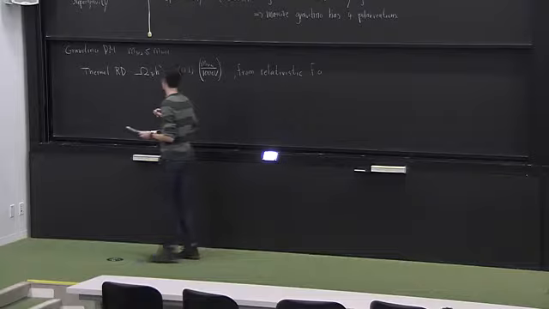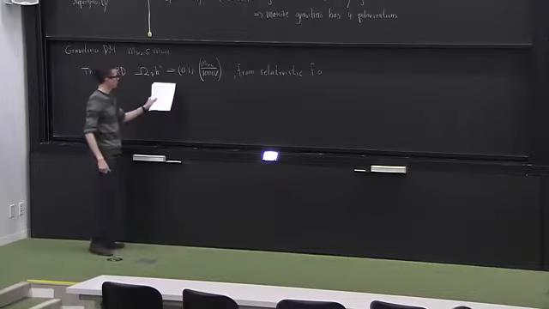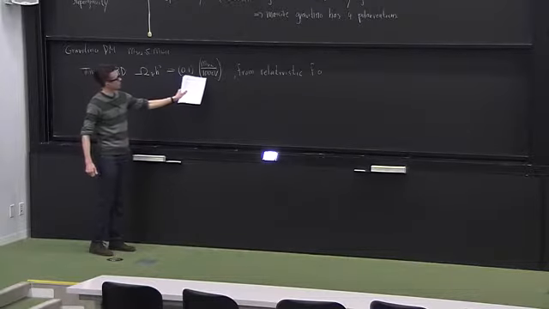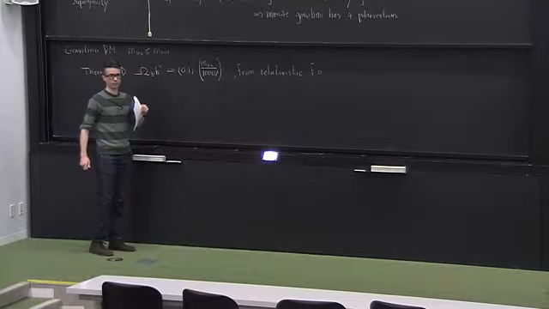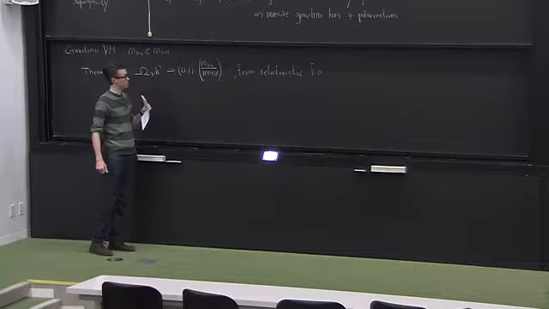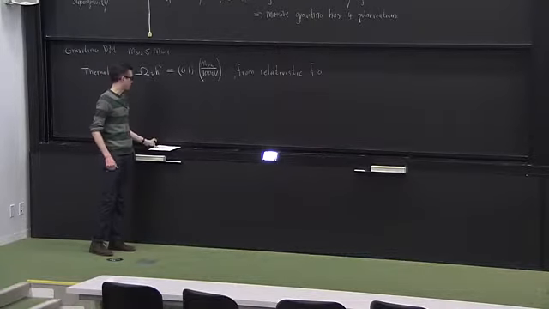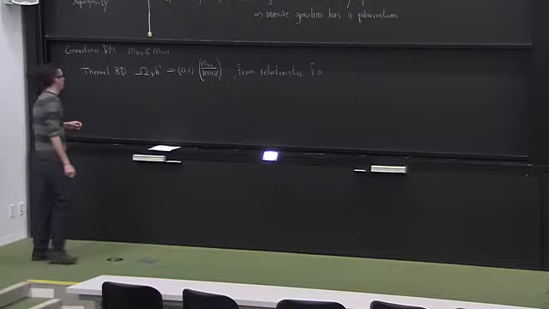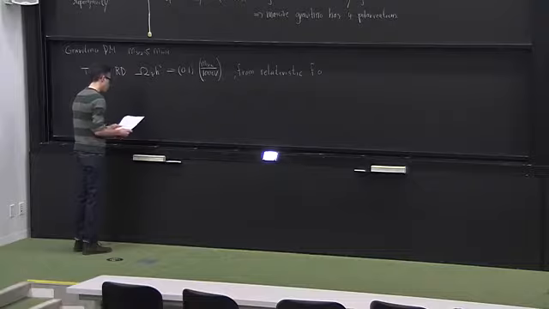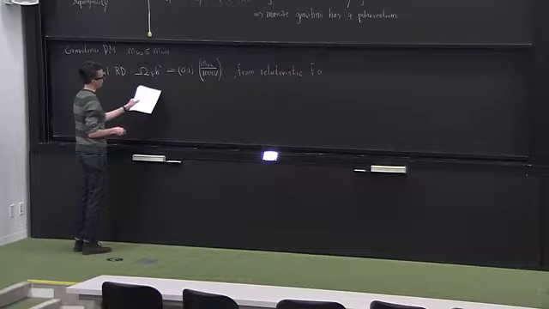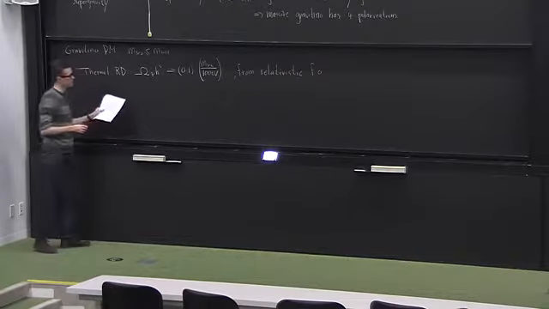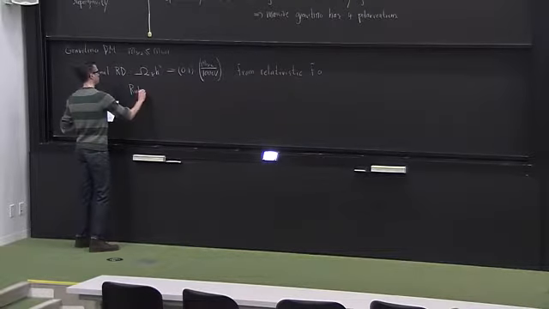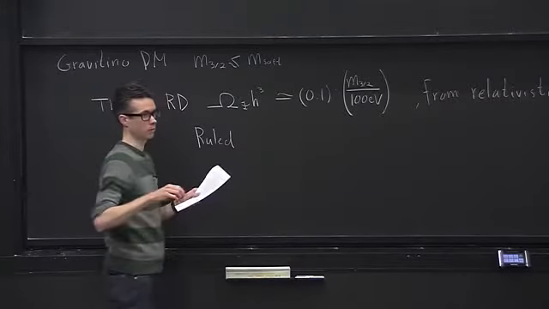And the resulting relic density you get is actually, to get the right relic density, I need to have a very, very light gravitino. And it turns out that a very light gravitino is a problem because a very light gravitino is not necessarily non-relativistic. And you can show that this is actually ruled out because the dark matter would be not non-relativistic enough.